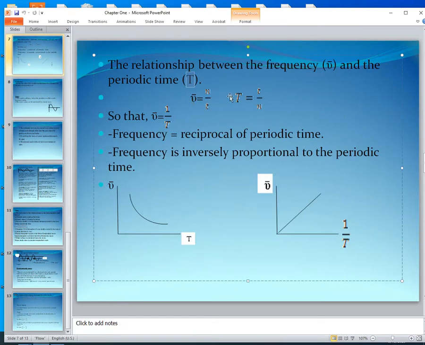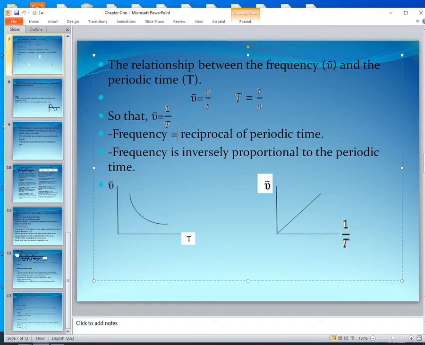It's the reciprocal of the periodic time. So nu equals 1 over T capital. This is the relation between frequency and the periodic time. So frequency equals reciprocal of periodic time.